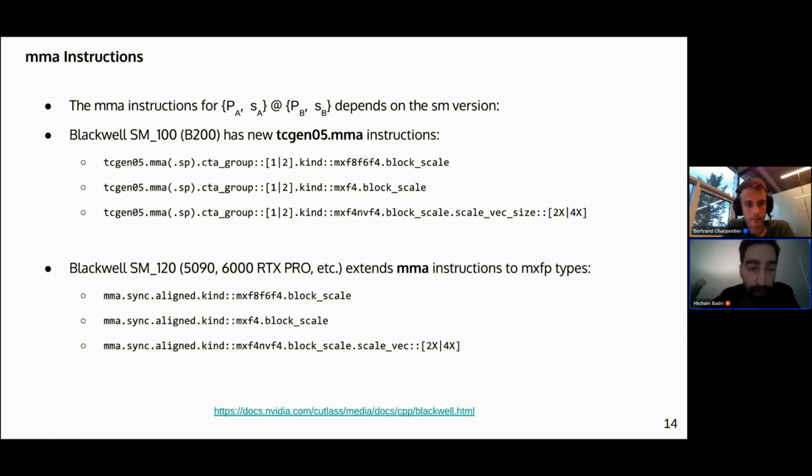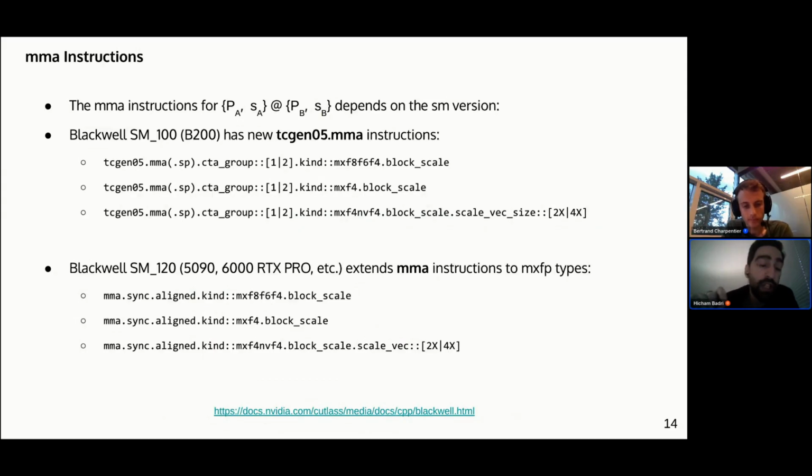That's actually a big problem, and it was one of the reasons why we started doing this work. In Triton they have MXFP4 support, but only for the B200. Which means that the kernels that work on the B200 don't work on the 5090 and RTX 6000 Pro, because they don't use the same instructions.